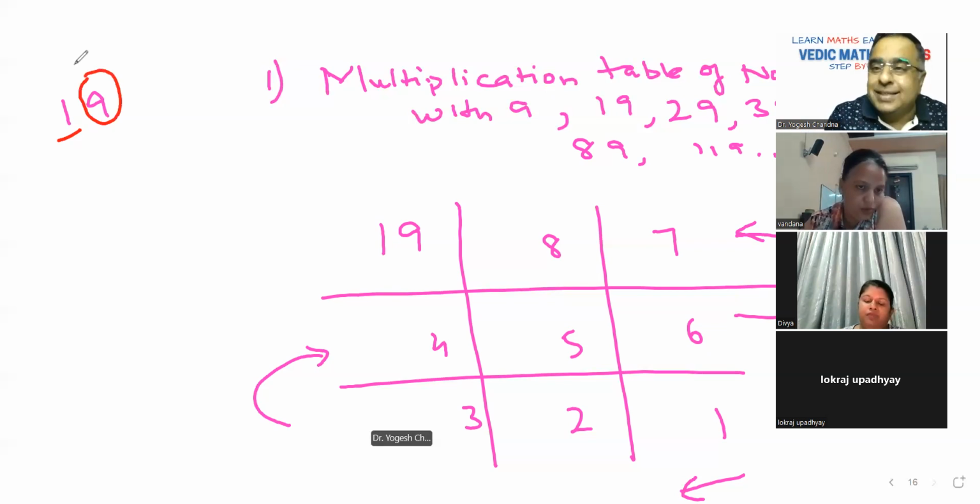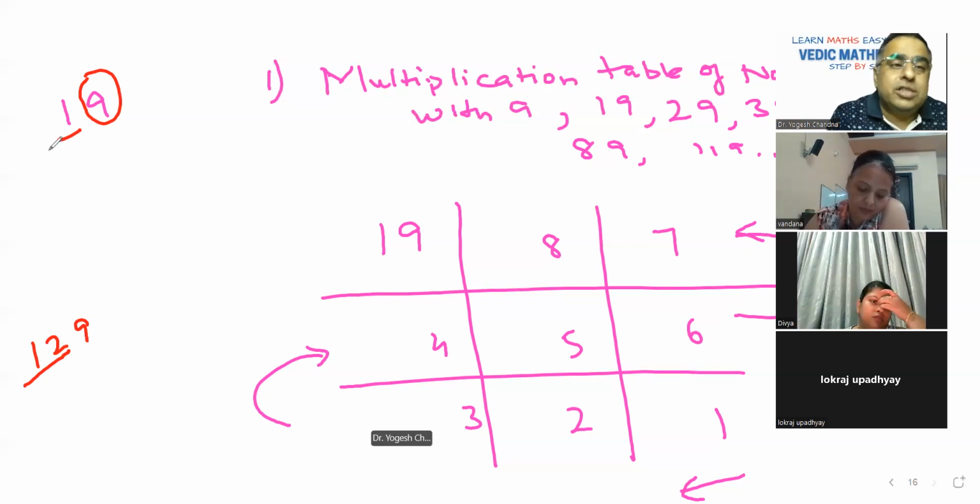You don't have to touch this 9. Whatever is number or numbers are before 9. For example, if I'm writing a table of 19, then there is 1. If I'm writing table of 129, then it is 12. What I have to do, just add 1 to it. That means applying Ekadhikena Purvena to this.